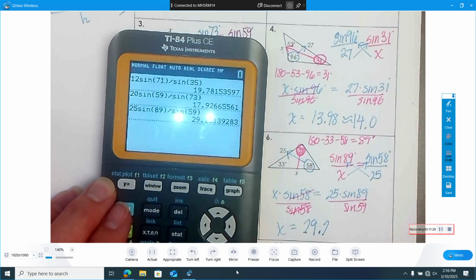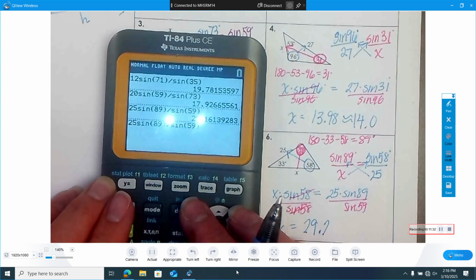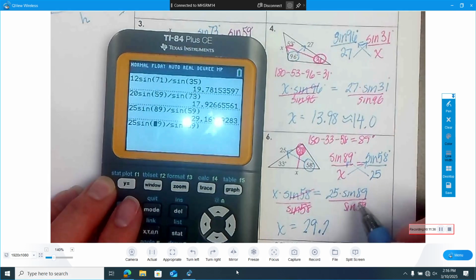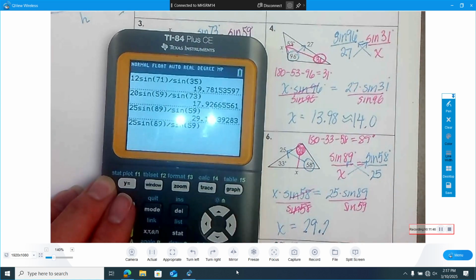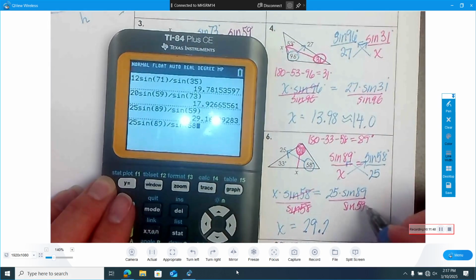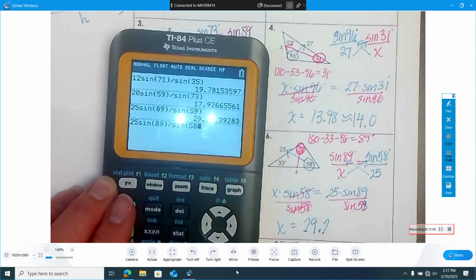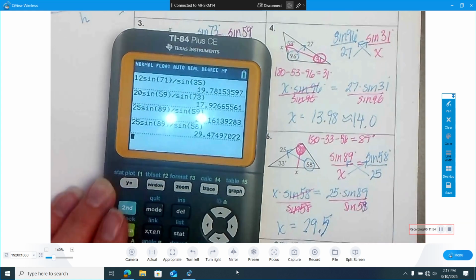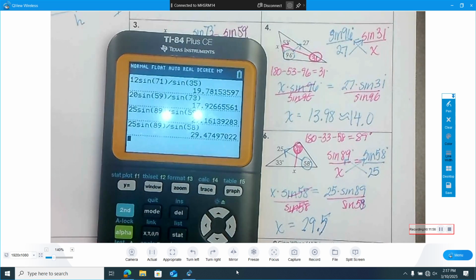What am I messing up on here? 25 times the sine of 89 over the sine of 58. I don't know where I wrote 59. Okay, there we go. 29.5 is the right answer. Sorry about that.